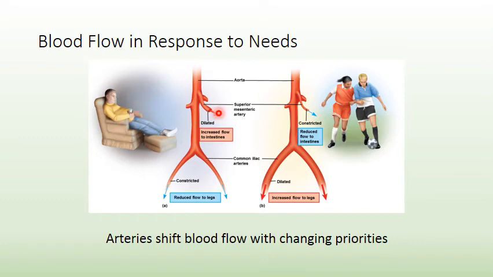Whereas if you are out being active, you're going to have vasoconstriction of the blood vessels that lead to the intestines and dilation of the blood vessels leading down to your legs or to that active part of your body. And this all goes back to which tissues are metabolically most active right now.